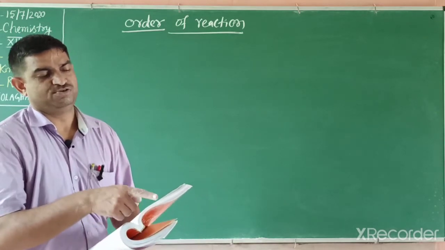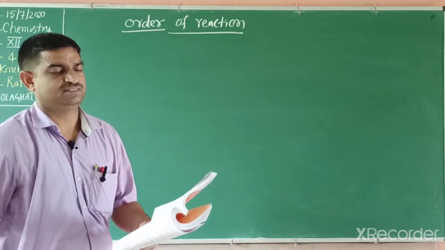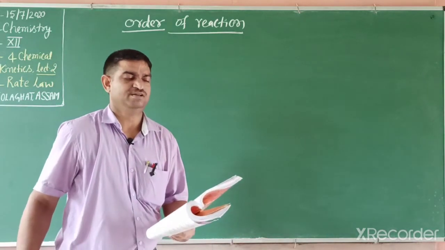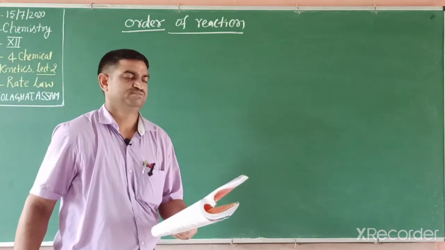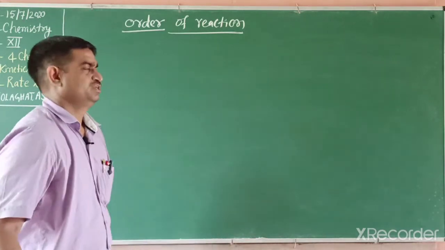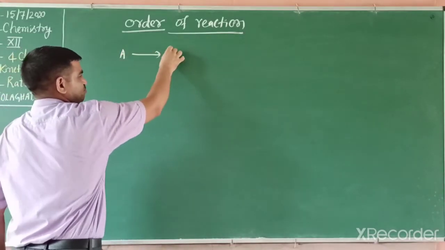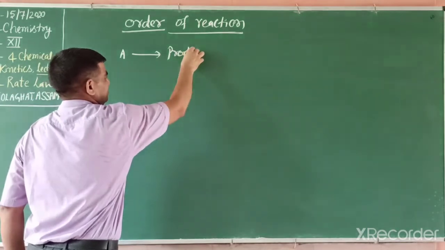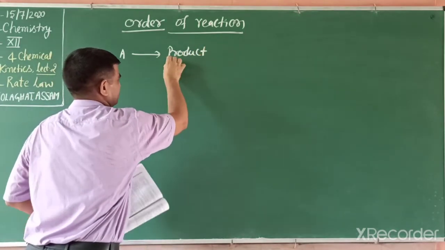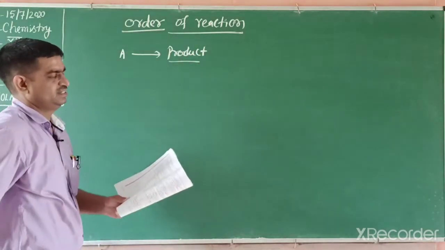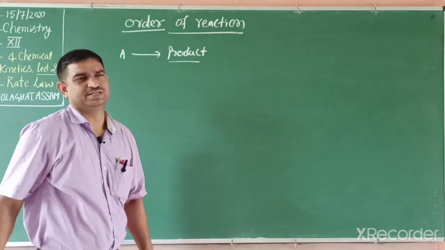How is the rate of reaction affected if the concentration of the reactant is doubled and reduced to half? A reaction A changes into product.